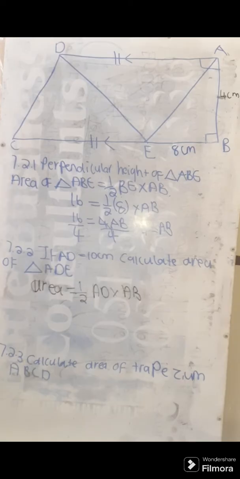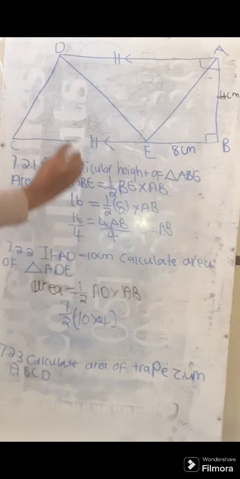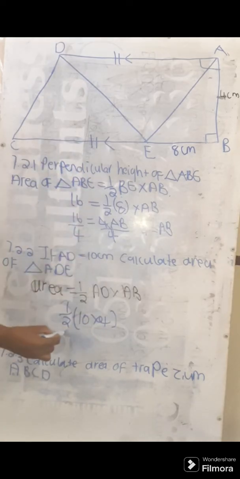There's no height. No, there is height. That height applies for this triangle as well. So it's going to be 1/2. For AD it's 10, and then we times that by 4, and we will get the area as 20 centimeters squared. So that area is 20 centimeters squared.